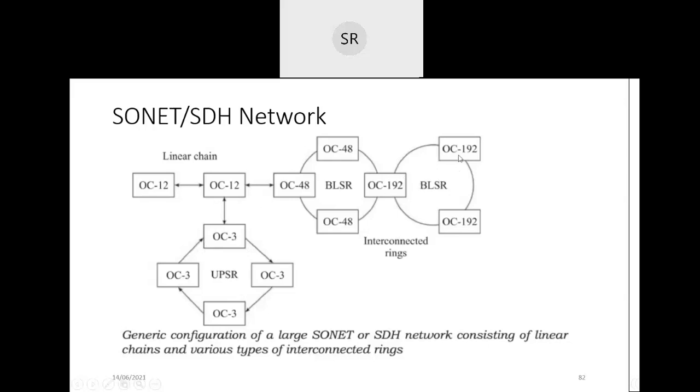Here is the word OC-192. OC means optical channel, dash 192, that is N; instead of N we are using 192 here.